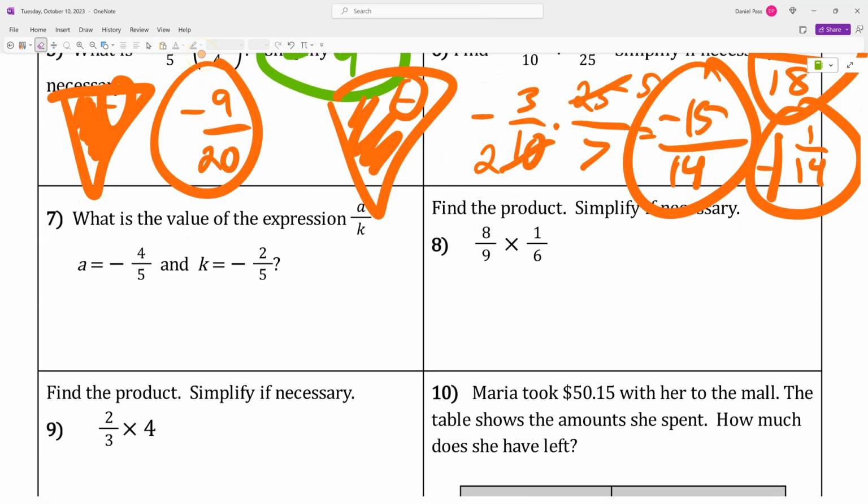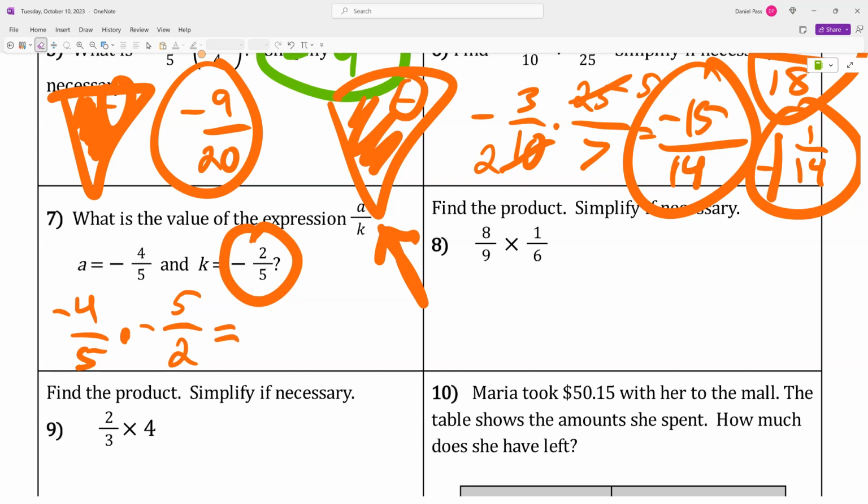All right, this one means division, right? So negative 4/5 times the reciprocal. What's the reciprocal? 5 over 2. Now we can reduce 5 and 5. They divide both by 5, it becomes 1. Two negatives make a positive. Oh, we forgot to reduce the 4 and the 2.